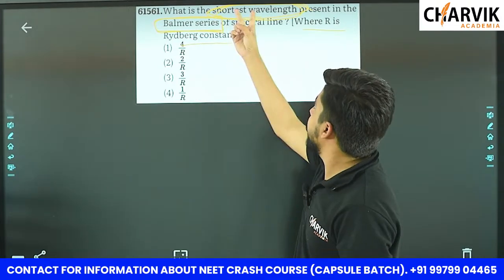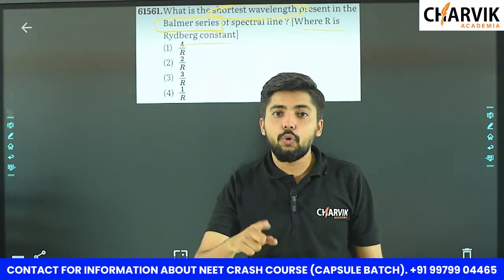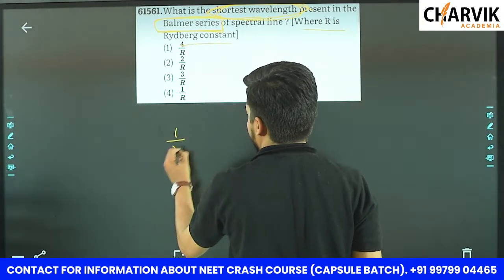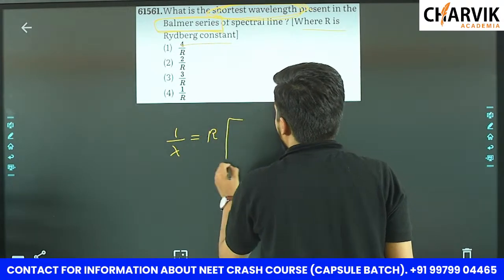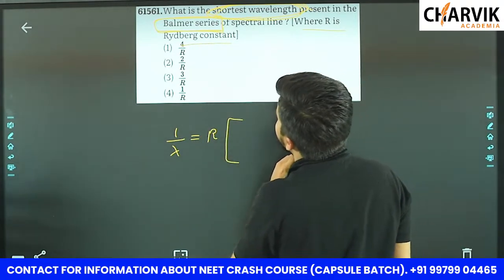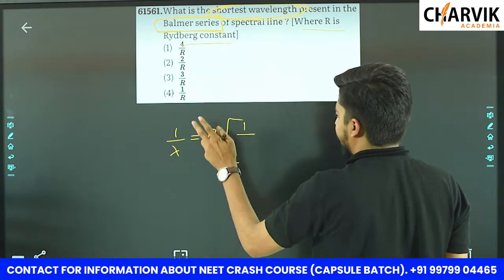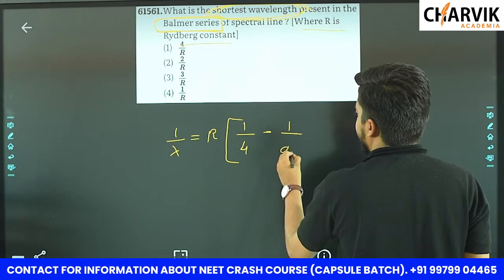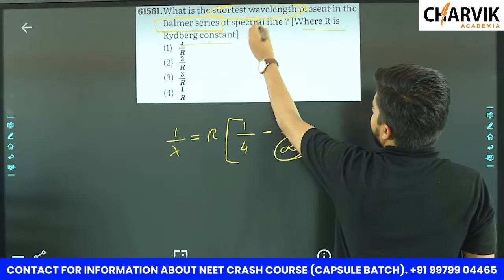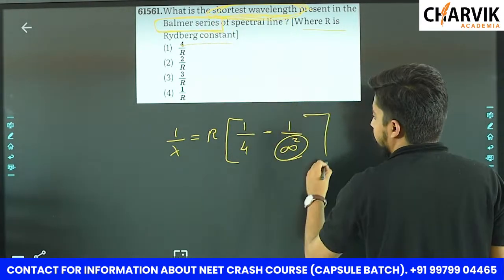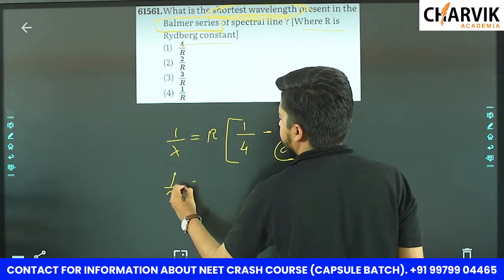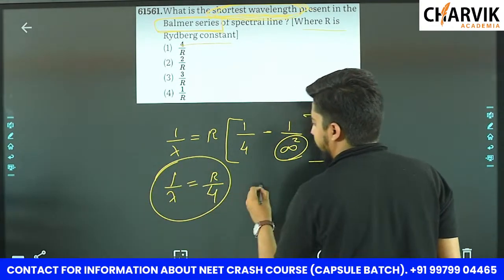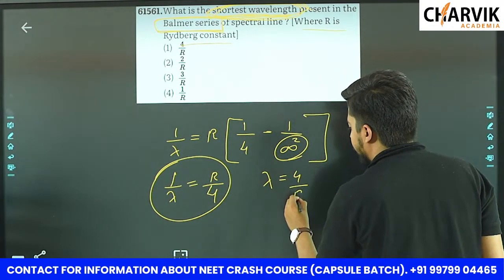Now let us talk about the formula: 1 upon lambda equals R into 1 upon square of 2, that is 4, minus 1 divided by square of infinity. So now your answer becomes 1 upon lambda equals R by 4. And because they are asking for lambda, lambda becomes 4 divided by R.